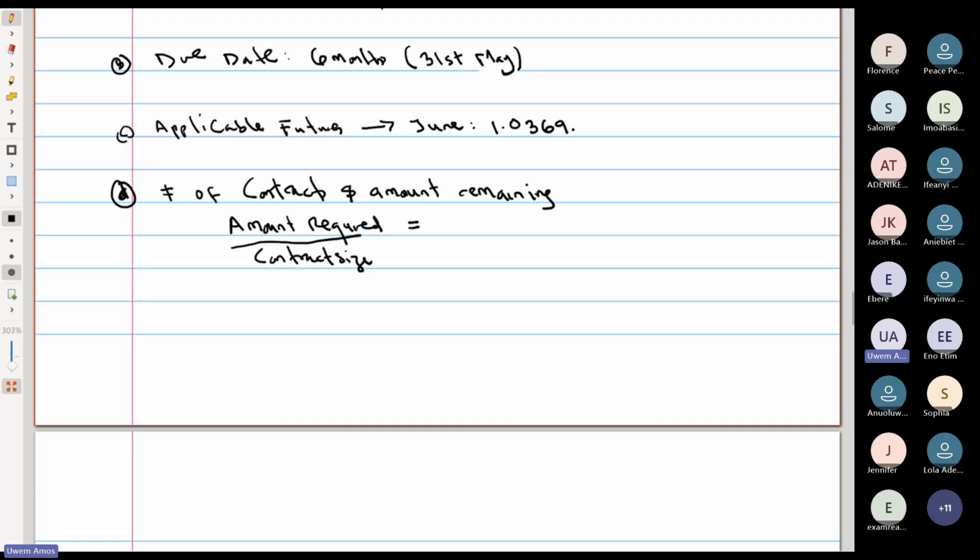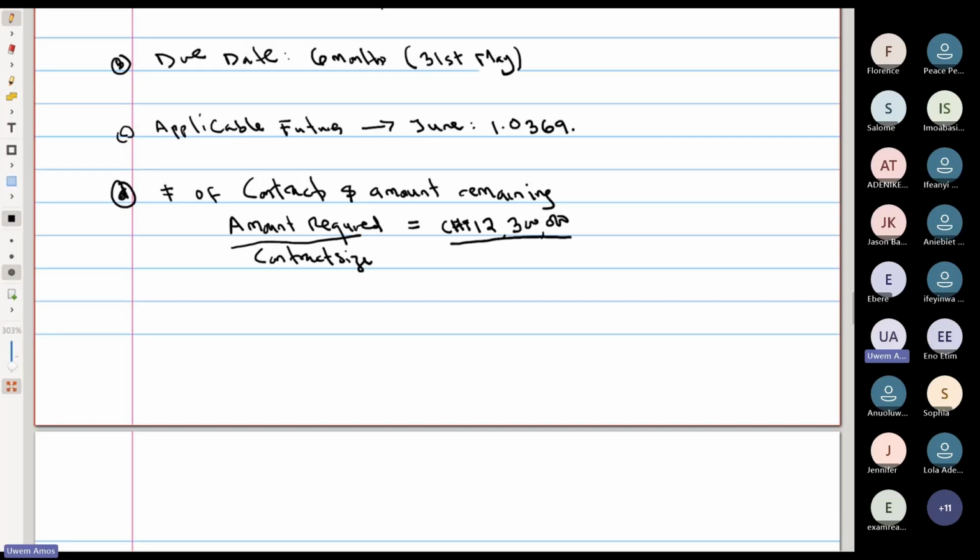If we get a whole number, that means we're able to hedge everything. If we have a decimal, it means that the fractional part, we need to get it through another method. So we need 12.3 million Swiss francs. That's what we need to hedge against.